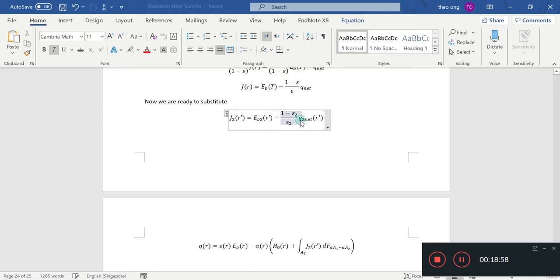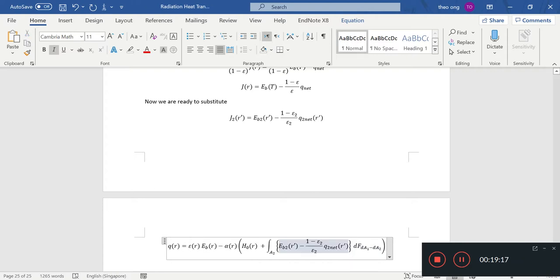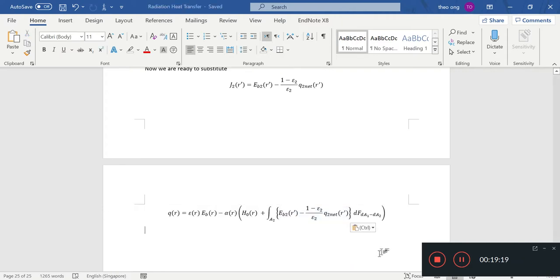That's all I'm doing. I'm denoting r prime as the second surface, so I put a subscript 2 because it's the second surface. That's the same pattern I'm doing throughout. So I'm going to take this and plug this in here. That's all I'm doing, nothing more.